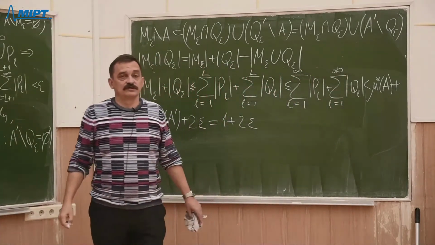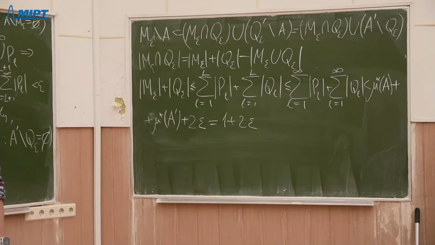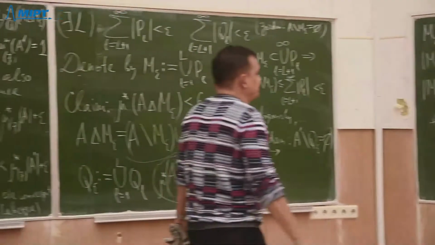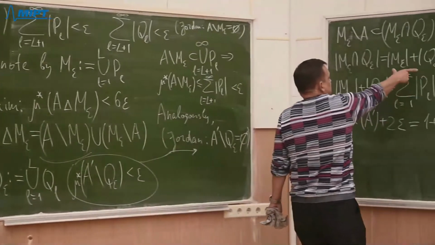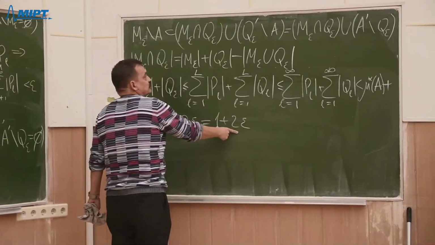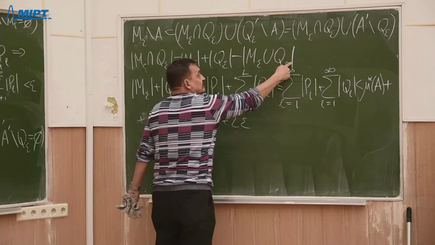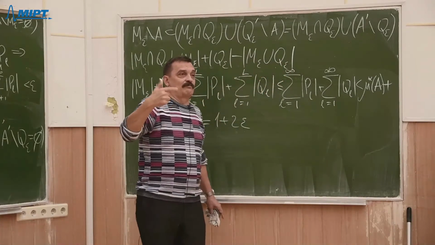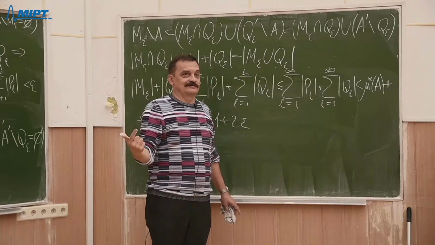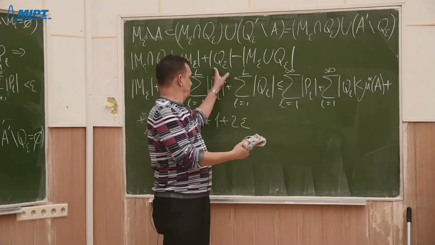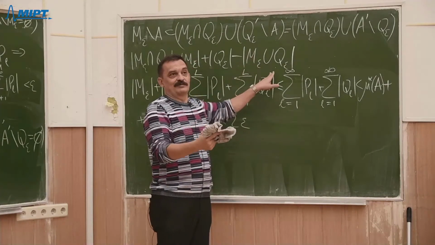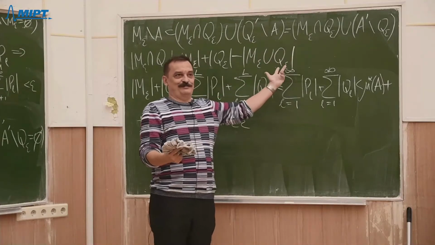We don't need to include the infinite sum. So we have an estimation 1 plus 2 epsilon, and now I'll prove that that one is greater than 1 minus 2 epsilon. Altogether, 1 plus 2 epsilon minus 1 minus 2 epsilon gives 4 epsilon.